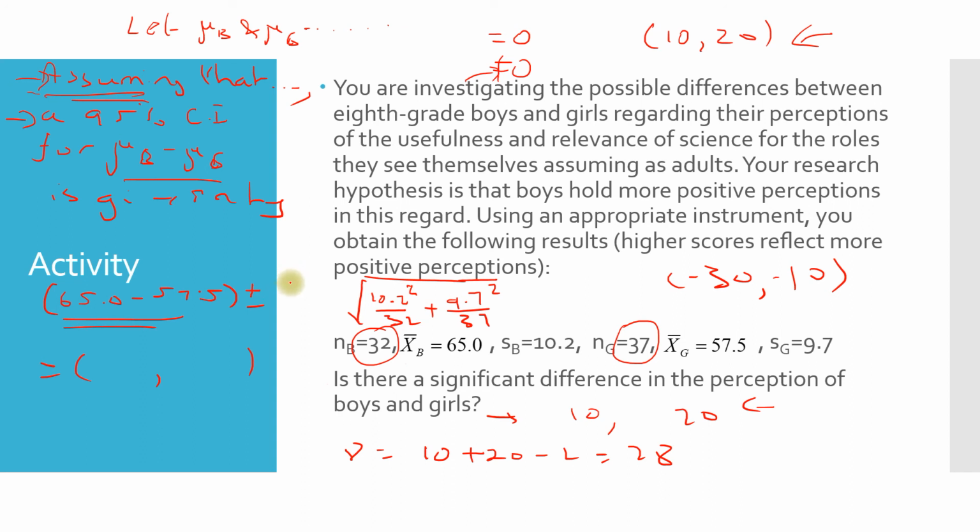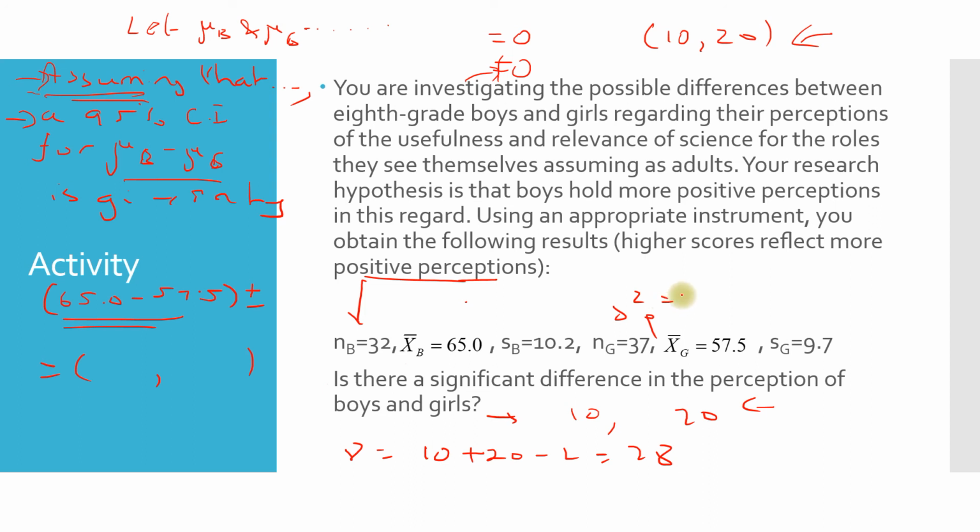The other thing that would be changing is this. What you would have to do is first of all to compute your s squared p. That's the first step, to compute your s squared p through the formula that was given to you.